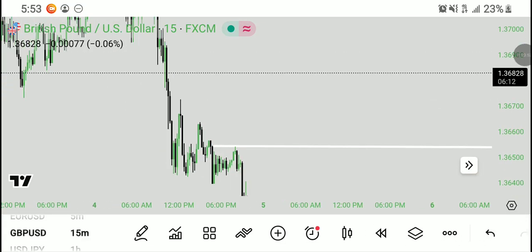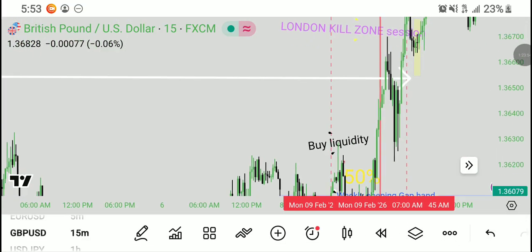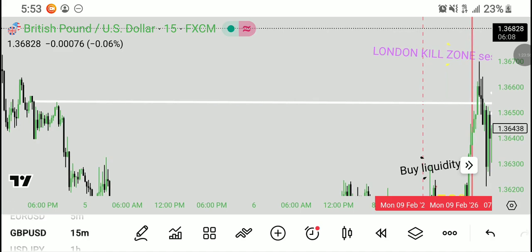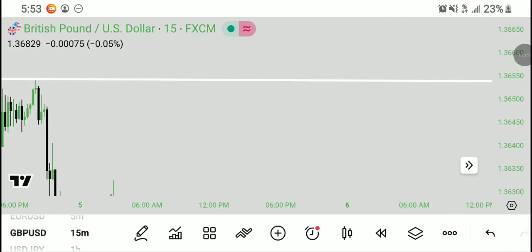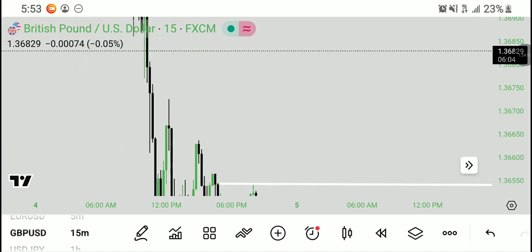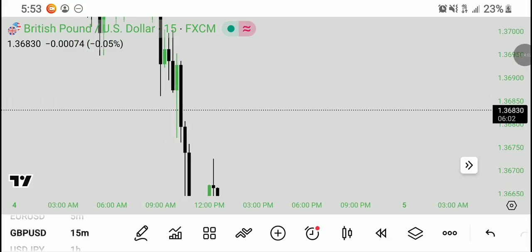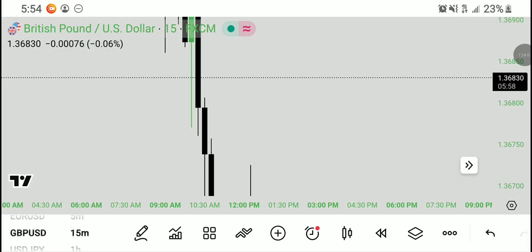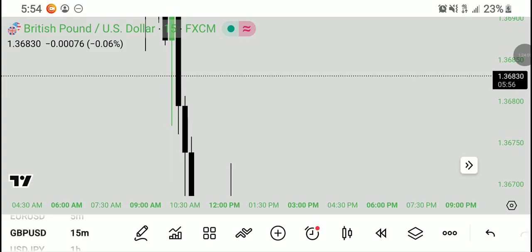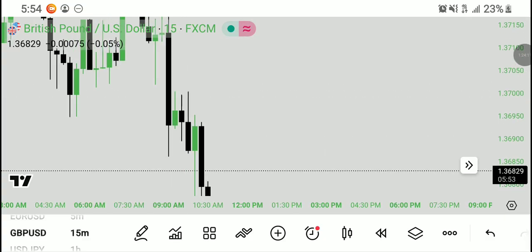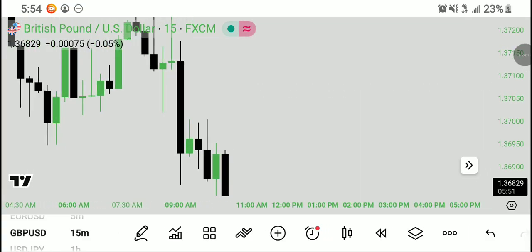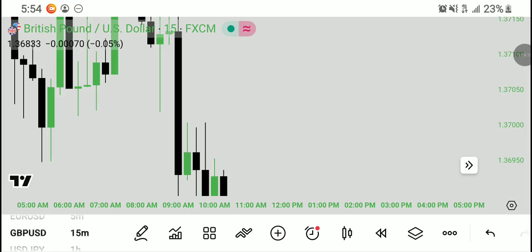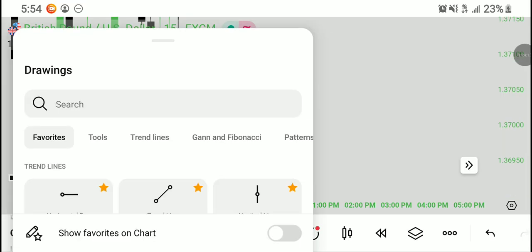What did I teach you when markets respect the relative equal high and goes to the FVG? It's kind of a buy stop when it's bullish. Don't worry, I will show you what I mean.